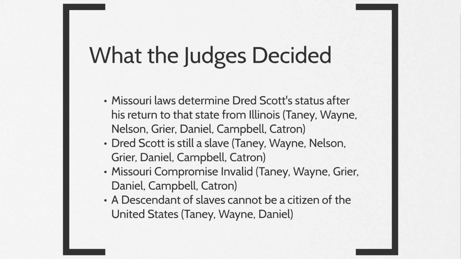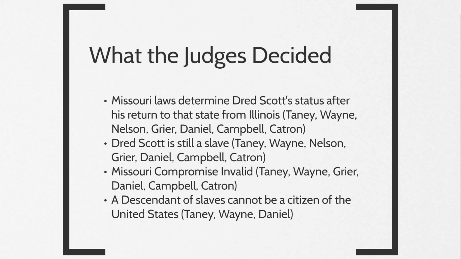The most controversial portion, and the one not accepted by a majority of the court, was Taney's holding that a descendant of slaves cannot be a citizen of the United States, and therefore had no right to sue in a federal court. In fact, could claim no rights whatsoever under the Constitution.